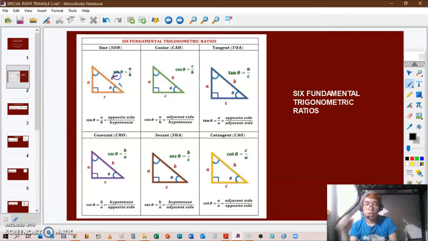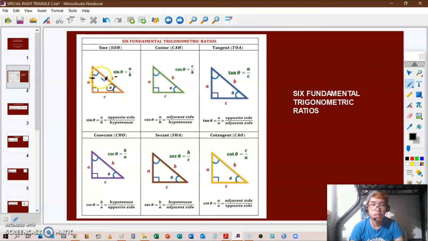Okay, so how do we get sine? So sine is equal to the opposite side of theta over the hypotenuse. Okay, so we have to condition ourselves, and you also have to really try to remember that in the 6 fundamental trigonometric ratios, the value of theta is dependent wherever it's placed.